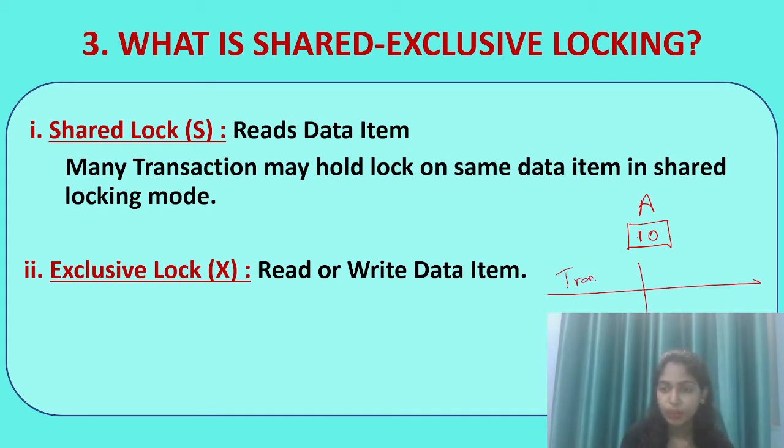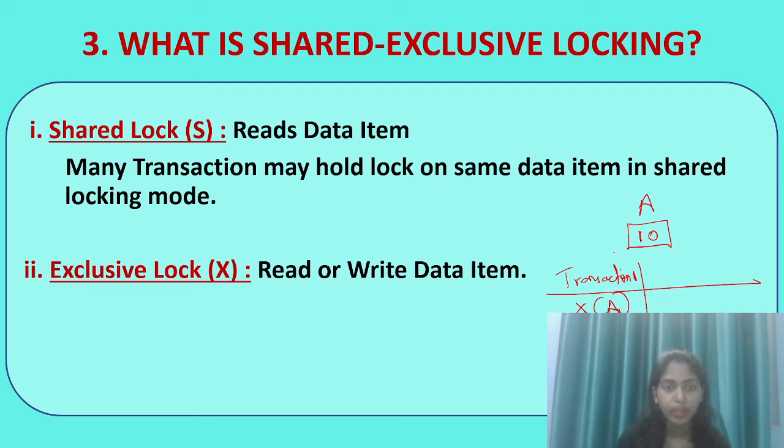Suppose this is transaction 1. You can apply the exclusive lock on this data item. You have to specify in the brackets which data item you are applying the lock on. I am applying the lock on data item A. When you apply the exclusive lock, you can read the data item and you can even write the data into the data item.